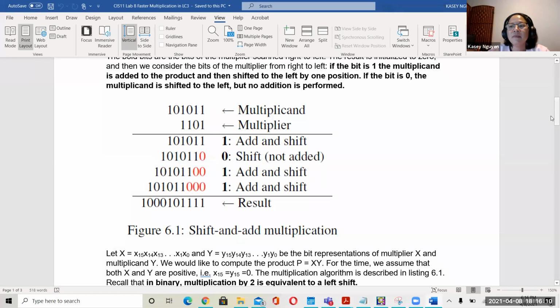So you would take whatever the value of the multiplicand is and you put it into the product xy. Okay? And because it's a group of bits, we have to implement the for loop to be able to go through each of the bits and place that into the location where the product should be so we can add it. Okay?